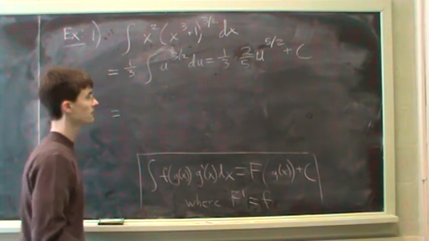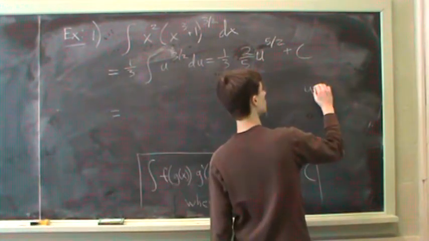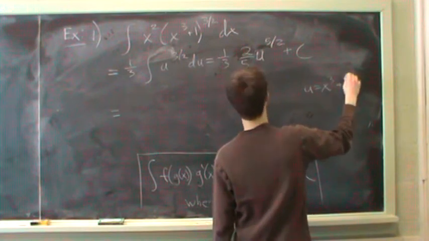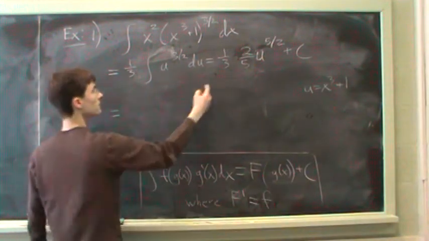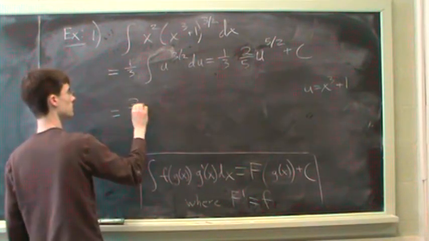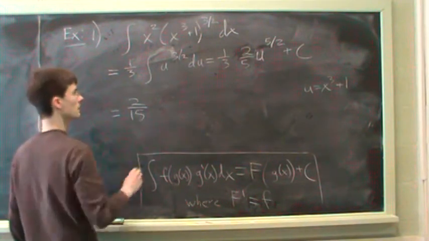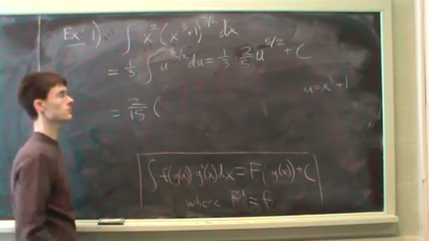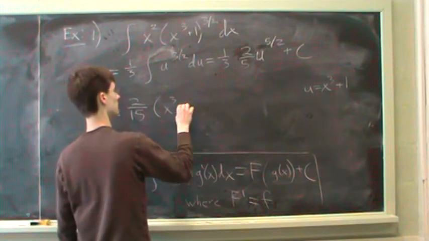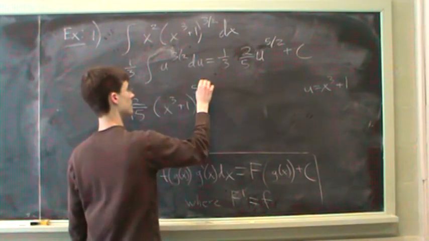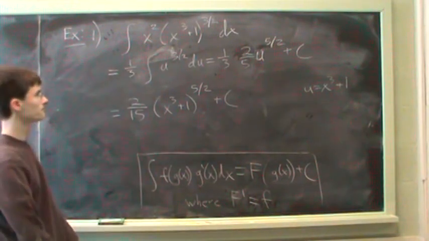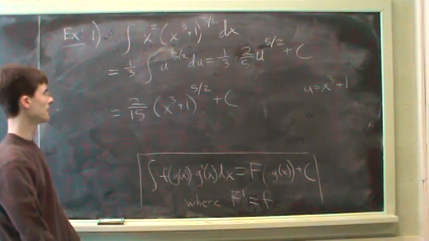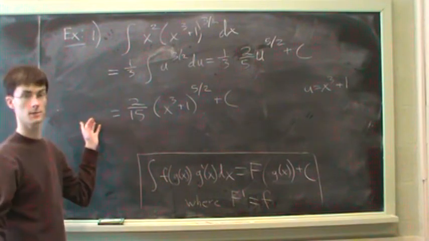I've erased it, but we had let u be x cubed plus 1. And so if I simplify these coefficients, I get 2/15. And now I can replace u with x cubed plus 1 to the 5/2 plus a constant of integration. And that is the answer to the problem.